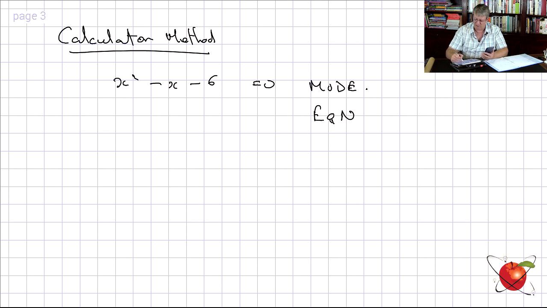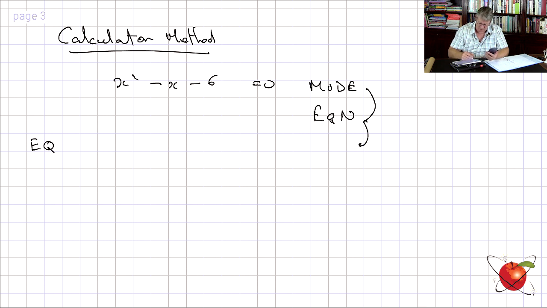So we go to mode, we go to equation. Then it's going to give us a whole bunch of things again, and if you look at them, it's got A's, N's, B's, N's, etc. Please just look at equation 3.